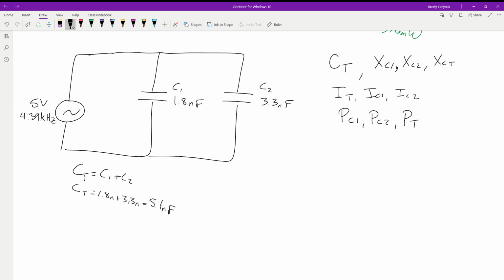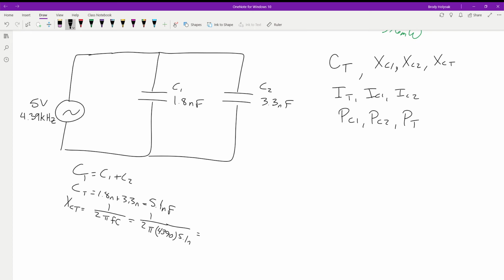With that, we can solve for our reactance total. So 1 over 2 pi times our frequency times the capacitance. And in this case, we're looking for total, so we'll use the total capacitance. So we have 1 over 2 pi times our frequency, which is 4390, and the capacitance is 5.1 nano.